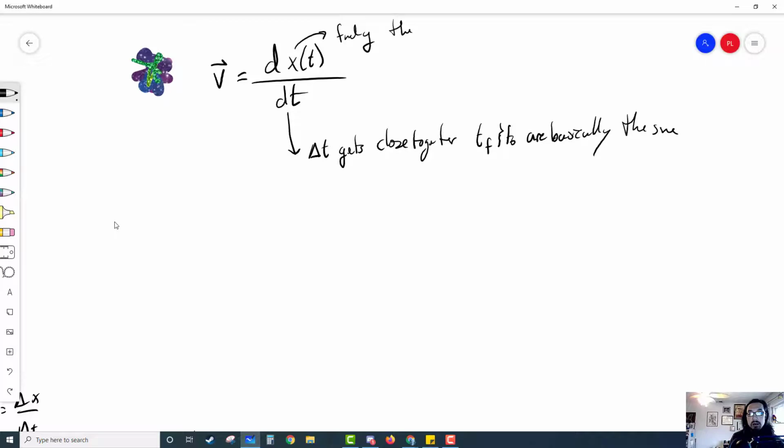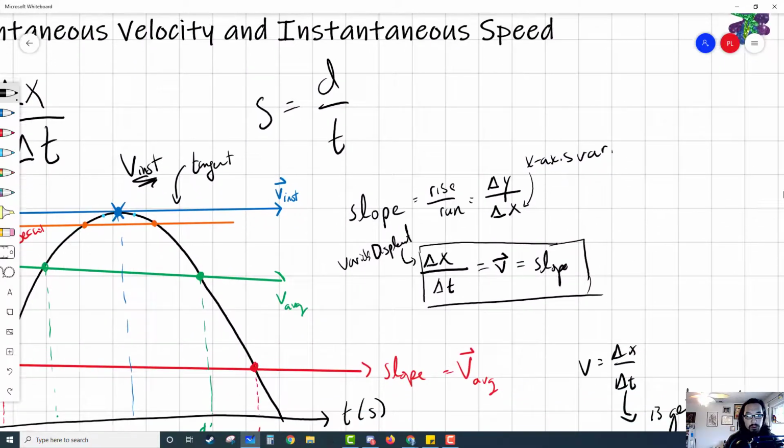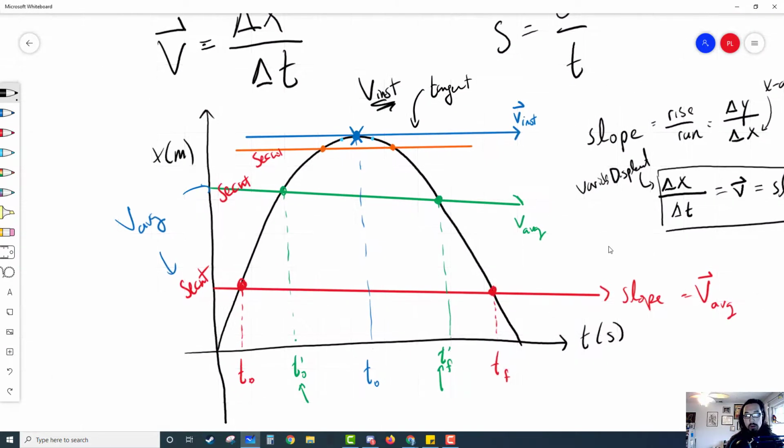the change in position. But because we're finding the change in position for such a small period of time, that change in position is very, very small. So what that means here is that our change in position was from this point to this point, a very large change in position.